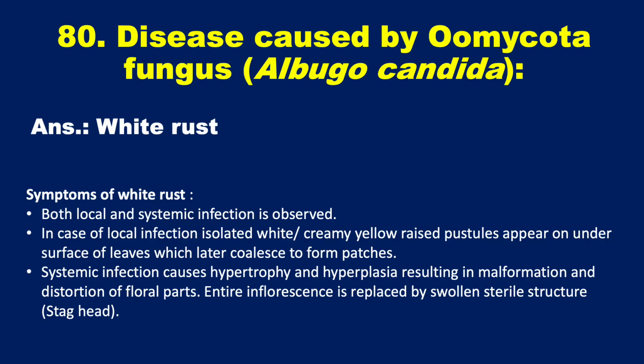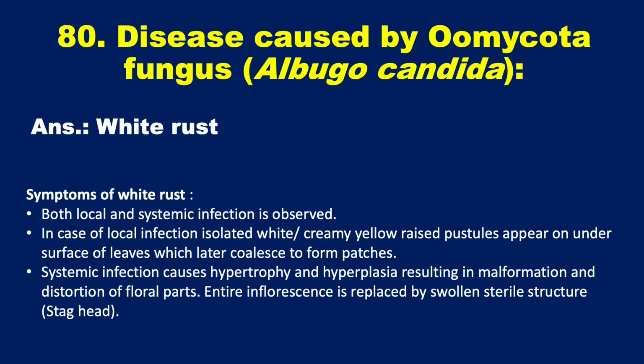Another question is on the disease caused by Oomycota fungus, that is Albugo candida, known as white rust. The symptom of white rust is that both local and systemic infection is generally observed if this organism attacks the host plant. In case of local infection, isolated white, creamy yellow, raised pustules appear on undersurface of the leaves which later coalesce to form patches.